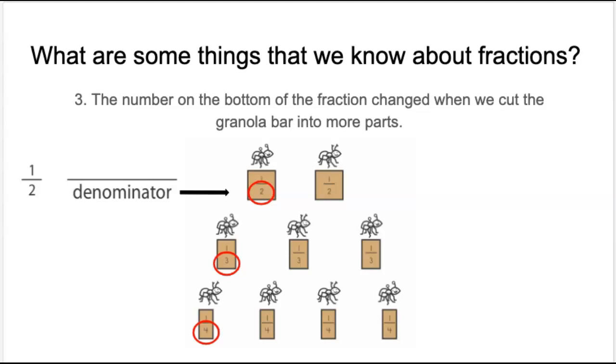This denominator up here shows that the granola bar is in two parts. This denominator shows that the granola bar is in three parts. And this denominator shows that the granola bar is in four parts.